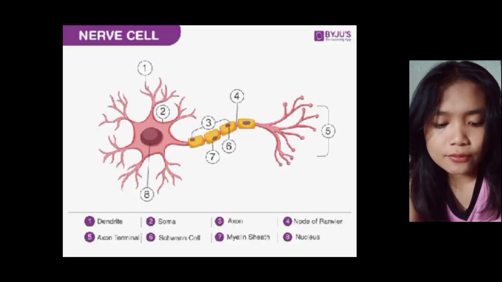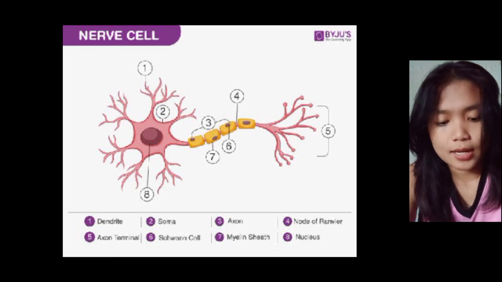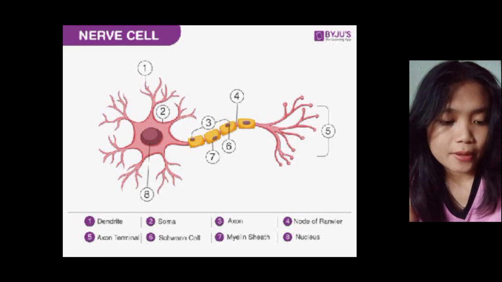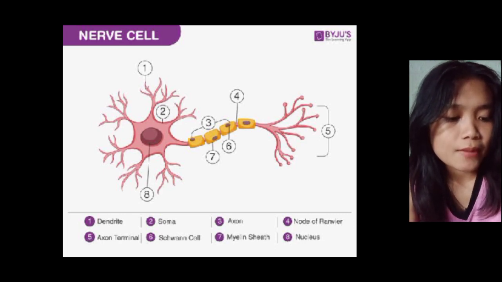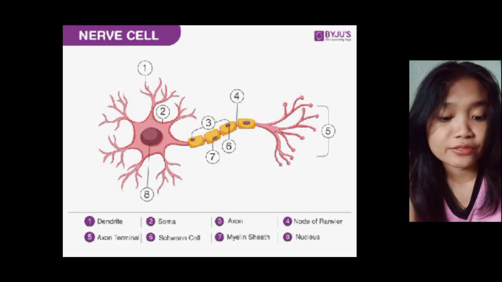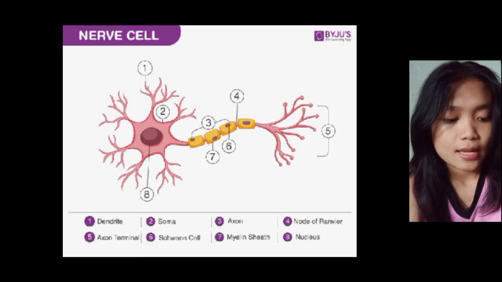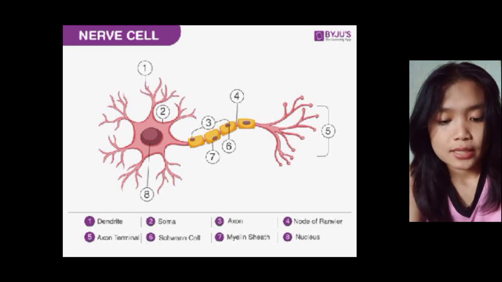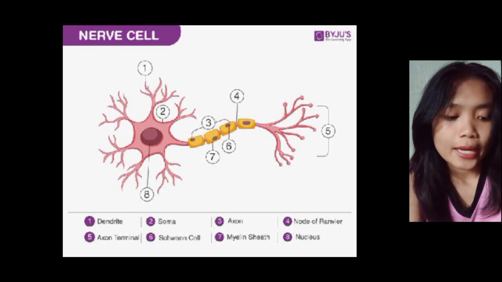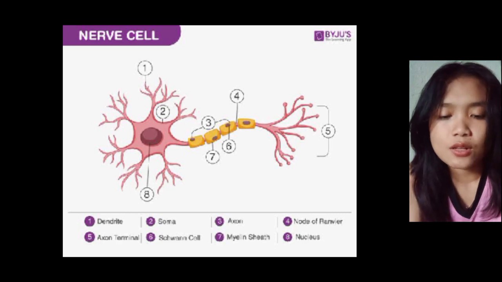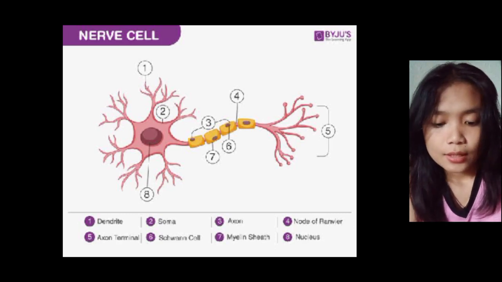The nervous system helps to carry messages from one part of the body to the other and responds to stimuli. It is found in the brain, spinal cord, and nerves. It consists of nerve cells called neurons.